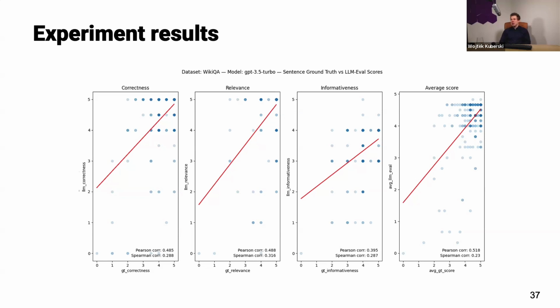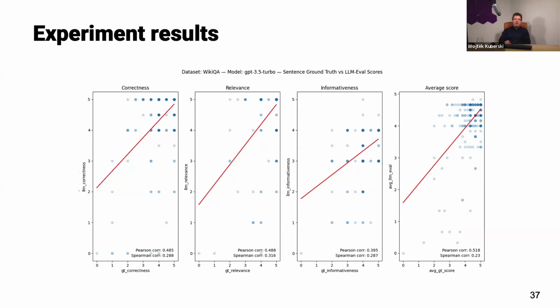So basically what you see here is using the LLM-eval scores. So the second approach we showed today, when we basically ask an LLM whether this answer is correct, relevant, informative, etc., versus the actual ground truth that the humans gave for that specific sentence.